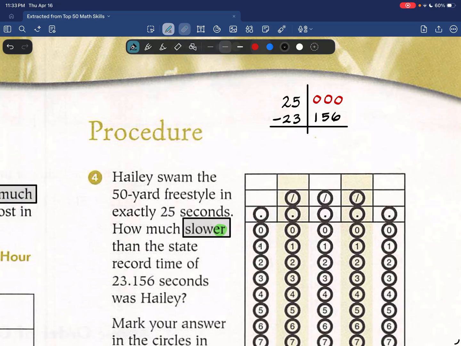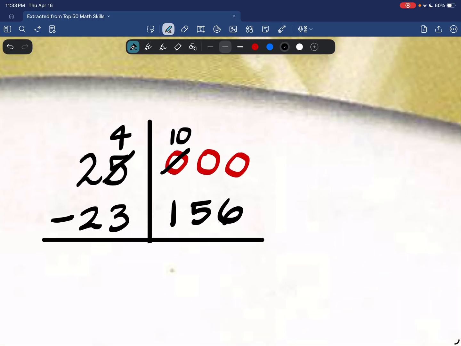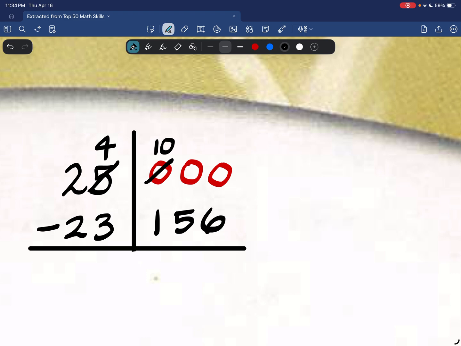I cannot just bring down the 156. We have to do subtraction. So I'm going to borrow, and I can only give that to the first neighbor. But I can borrow one of those and give to this neighbor. And borrow one of those and give to this neighbor. And now I'm ready to subtract.